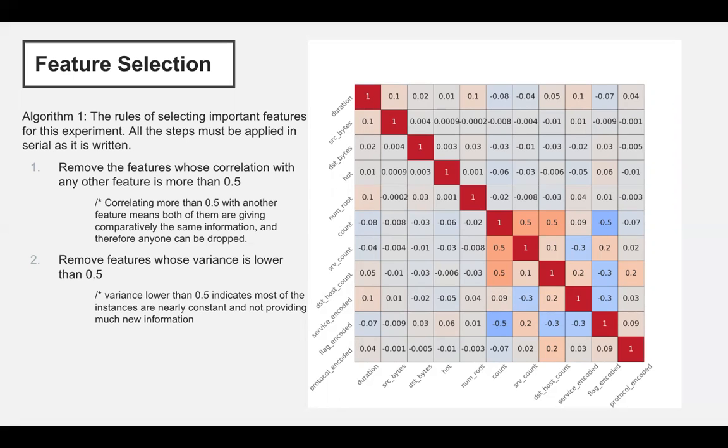So based on this, we calculated the correlation of all the features and dropped one of the two features whose correlation is greater than 0.5. We also calculated the variances and removed those whose variance is lower than 0.5. Because variance lower than 0.5 indicates that most of the instances are nearly constant or not providing much new information.